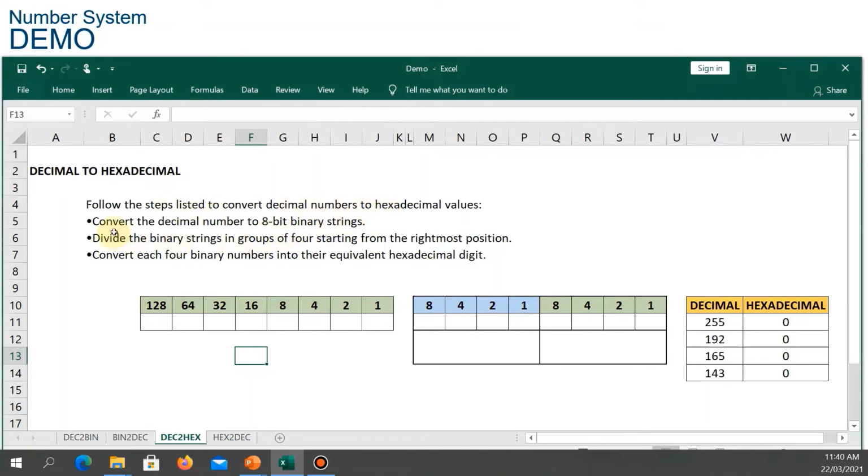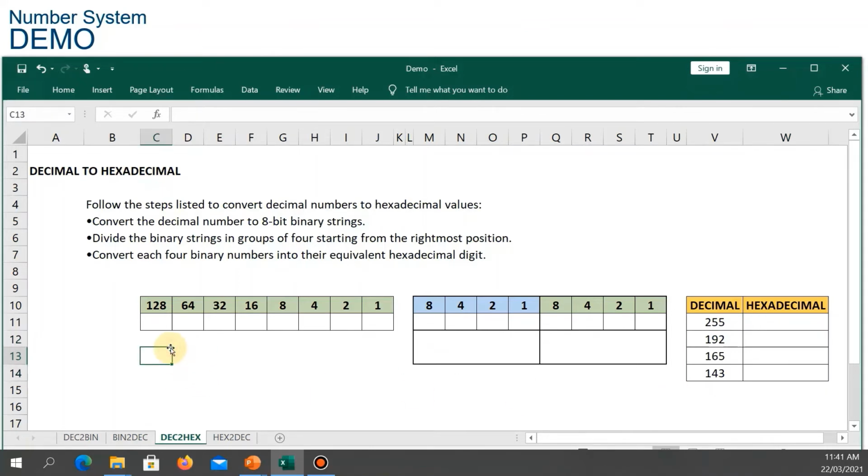First, convert the decimal number to an 8-bit binary string, then divide the binary string into groups of 4 starting from the rightmost position, and then convert each of the binary numbers into its equivalent hexadecimal digit. For instance, we are going to convert 255, 192, 165, and 143, all decimal, to hexadecimal.